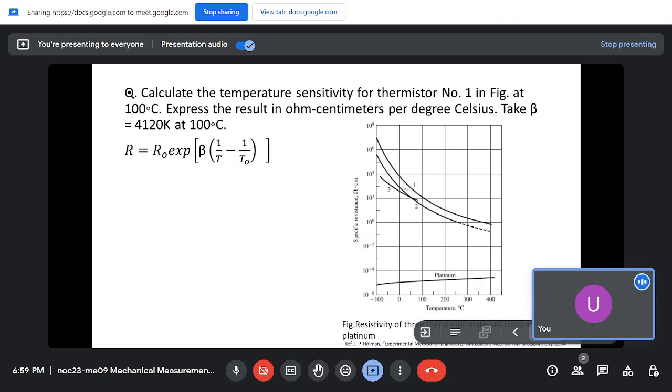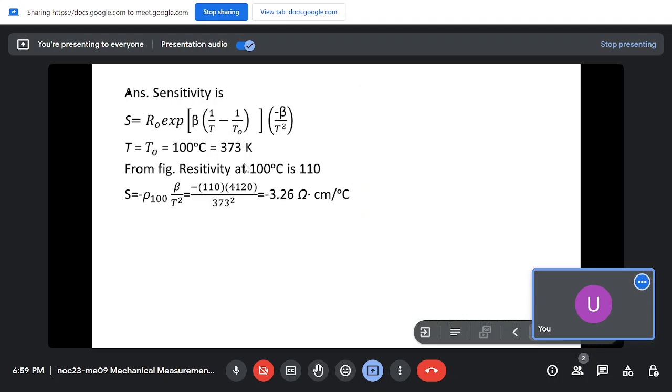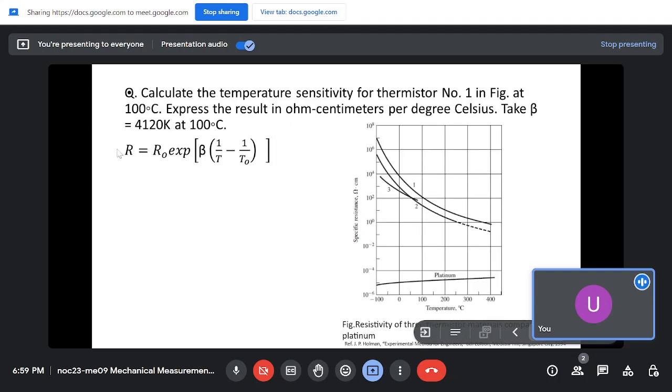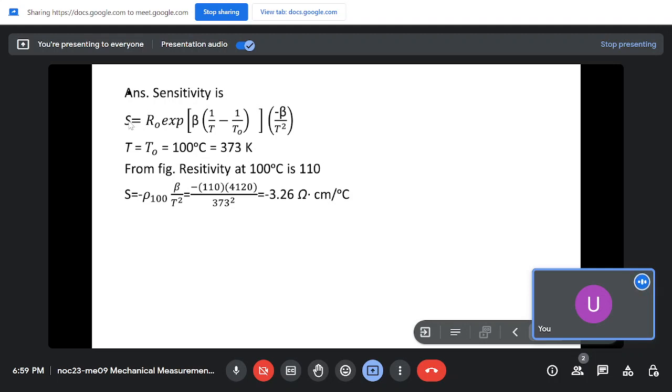So we have the first curve, we have to use that, and the resistance relation is given as R naught exponential beta into 1 by T minus 1 by T naught. As we know, the sensitivity is obtained by differentiating the R relation with respect to temperature. The sensitivity relation is R naught exponential beta, this being exponential, we get it as it is, and differentiation of the inner bracket term will give you minus beta by T square.